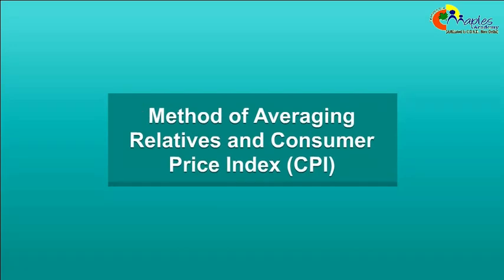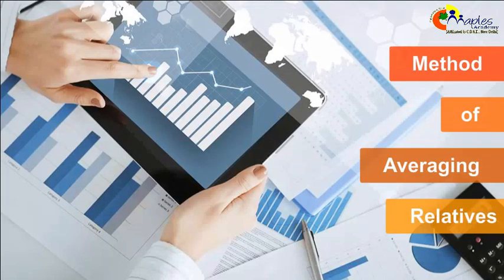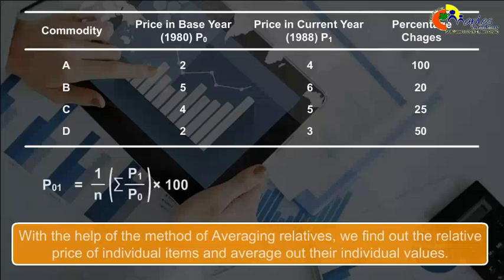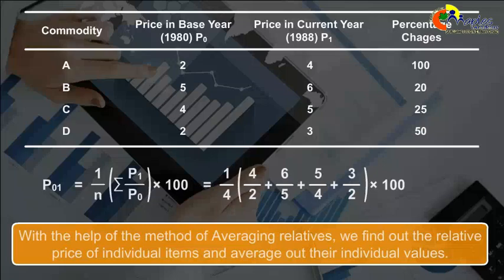Method of averaging relatives and consumer price index, CPI. With the help of the method of averaging relatives, we find out the relative price of individual items and average out their individual values.